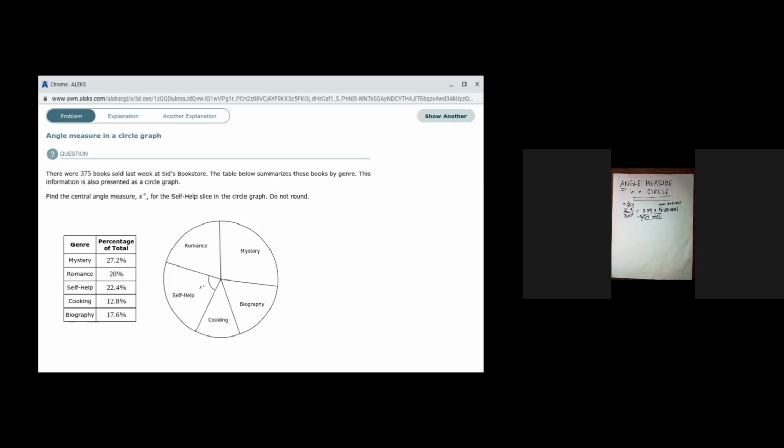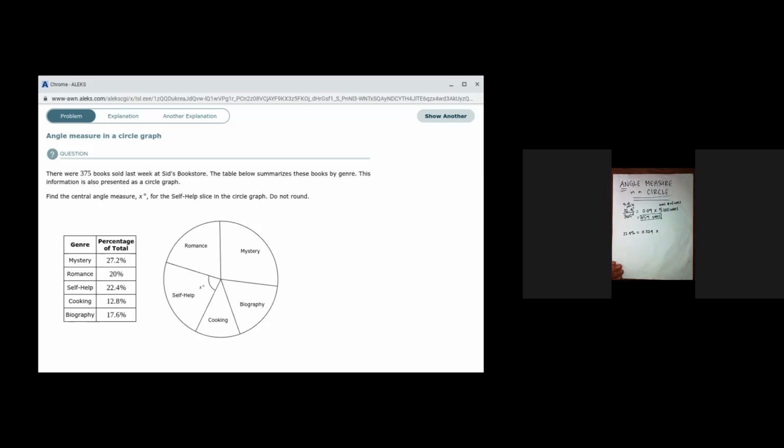All right, pleasantly, they already gave us the percent of the circle. They gave us the percent of the circle, which was 22.4%, which translates to what as a decimal? 0.224.